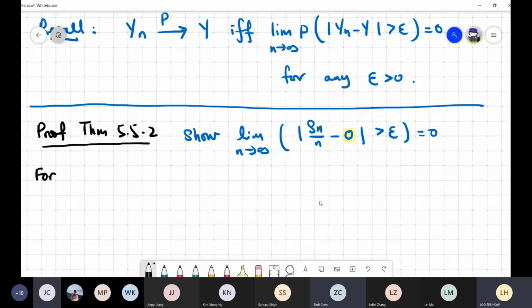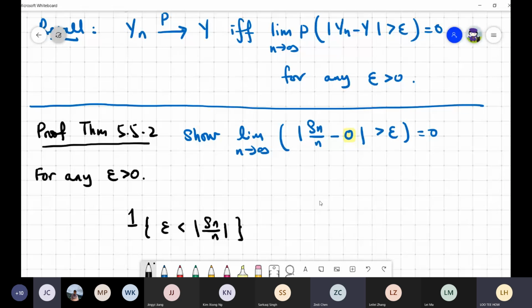Then we begin. We can take any positive number epsilon. When epsilon is a positive number, then as usual, we look at this region, where epsilon is less than or equal to the absolute value of Sn over n.